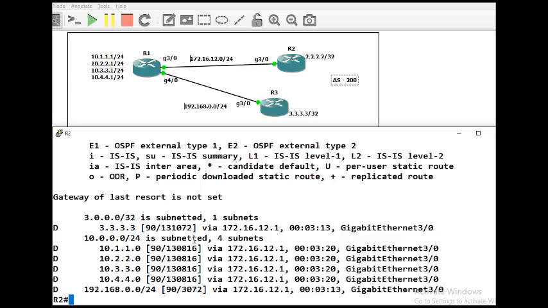So R1 gives a big number for that, whereas 192.168 is physically connected to R1. Yeah, same answer. R3 is loopback, so the metric there is very high because the bandwidth and the delay are very poor.